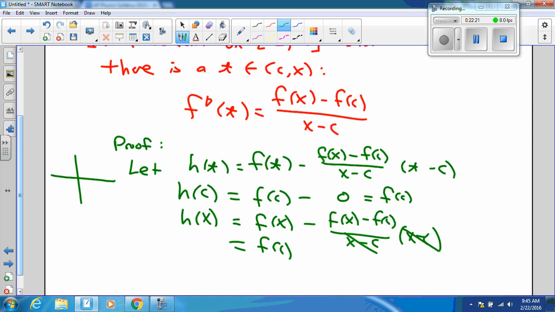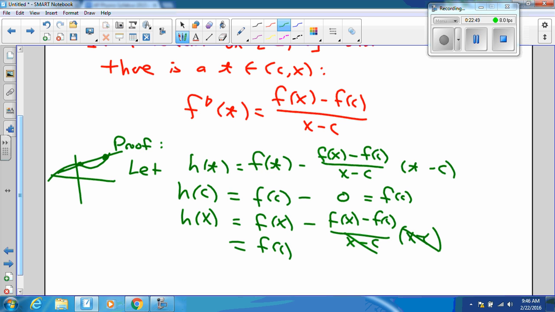So what we had done pictorially was to take our function f and subtract off the secant line, so that h measured the distance between f and its secant line.